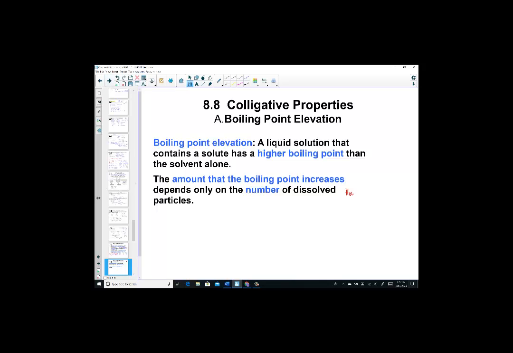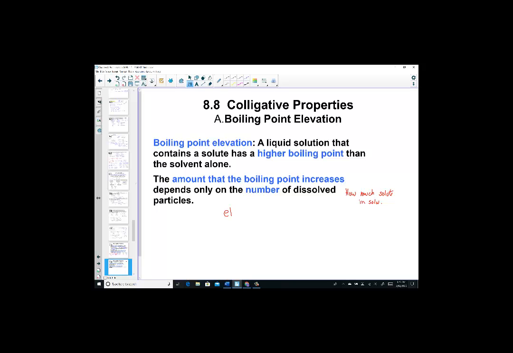It depends upon how much, but not the identity. So if you have more and more salt in the water, you're going to change the boiling point even more, and you'll change the freezing point even more.